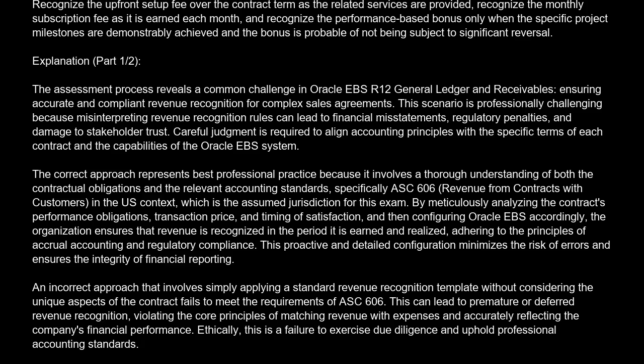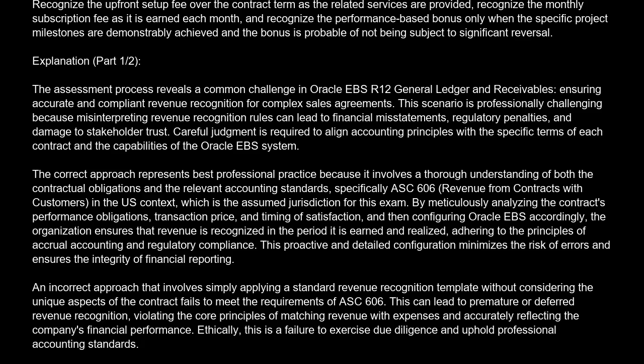By meticulously analyzing the contract's performance obligations, transaction price, and timing of satisfaction, and then configuring Oracle EBS accordingly, the organization ensures that revenue is recognized in the period it is earned and realized, adhering to the principles of accrual accounting and regulatory compliance. This proactive and detailed configuration minimizes the risk of errors and ensures the integrity of financial reporting.